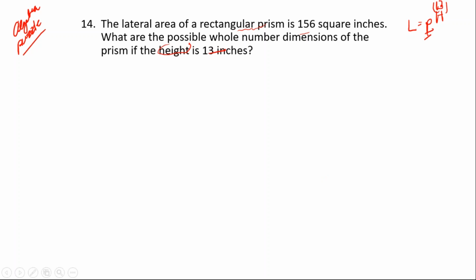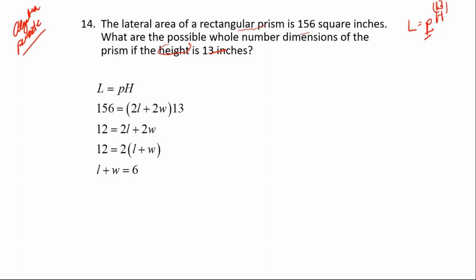I've got to find all the possible perimeters like I was doing on number 4 and 6 earlier. So I do, and this is where the algebra comes in. 156 is my total square inches for the lateral. Perimeter for a rectangle is 2L plus 2W. And I divide both sides by 13. You could do this different ways for the algebra, but I just did it this way.